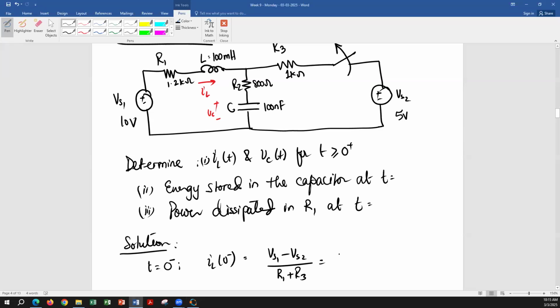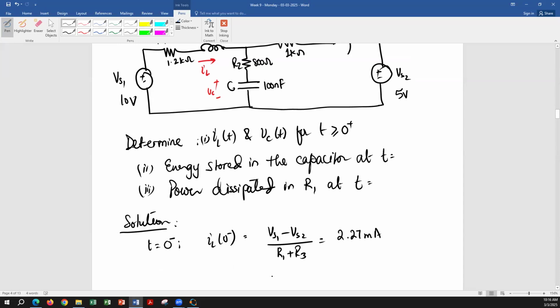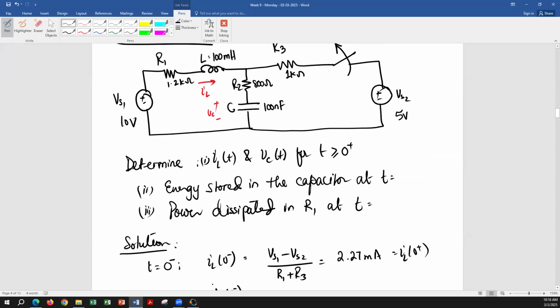2.27 milliampere. All right, guys. Since we already did this problem, everyone should know how to find VC(0 positive). Who's going to tell me that?